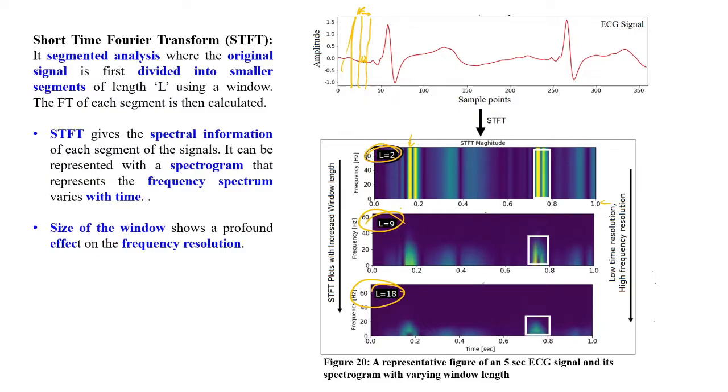However, if you see, when L is equal to 2, the window is very short, and when the time window is very short, we are losing the frequency information. When we increase this time window slowly, you can see we have got some good results.